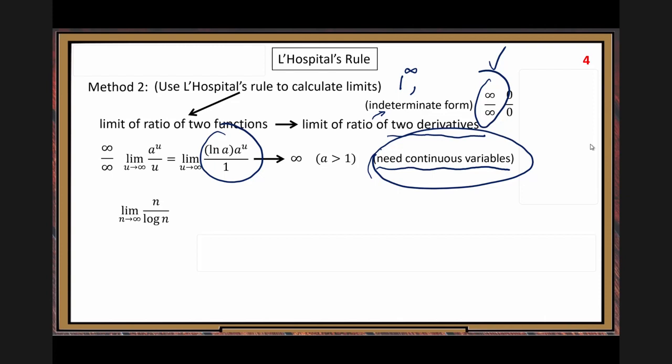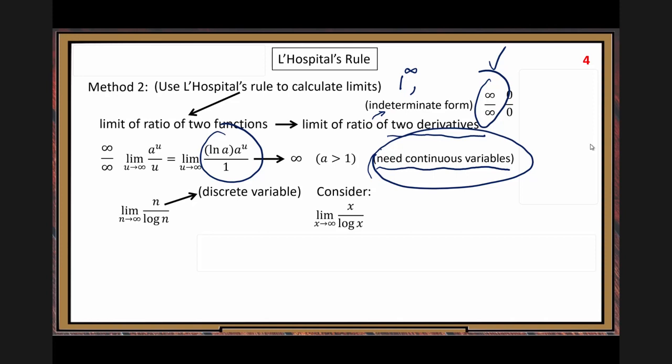Here, let me show you how to make it rigorous: how to change the discrete variable to a continuous variable. We make that change. Now, we consider another similar fraction, this time x over log of x.